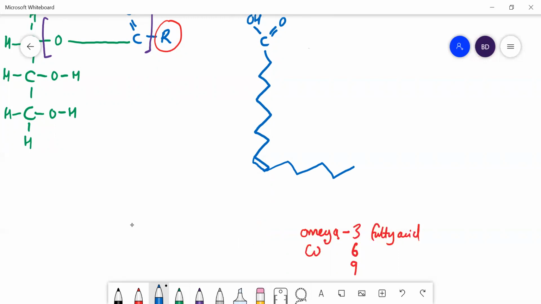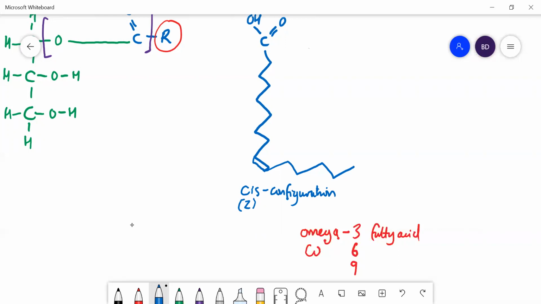This always happens whenever you get a double bond. And this is called the cis configuration. If you do A-level chemistry, the modern name for the cis configuration, which you might have heard of, is the Z form. But in biology, you normally call it cis.